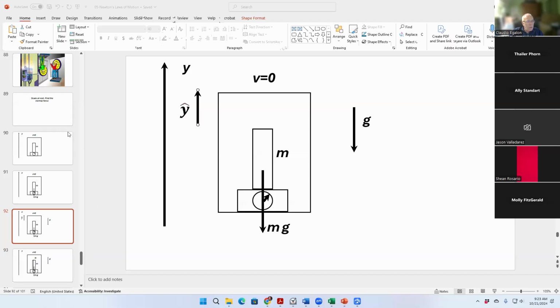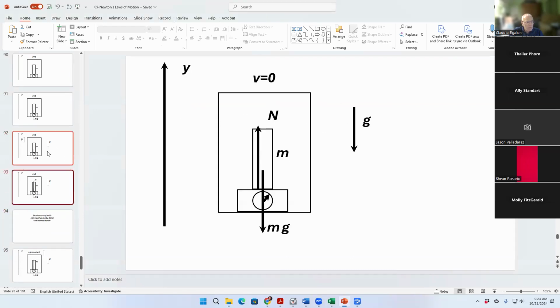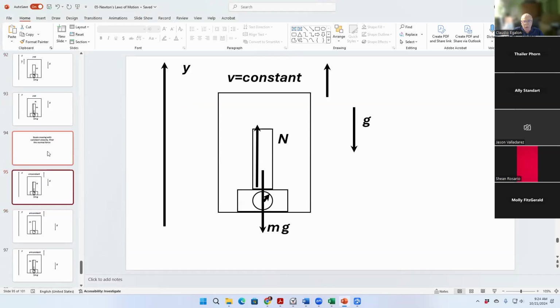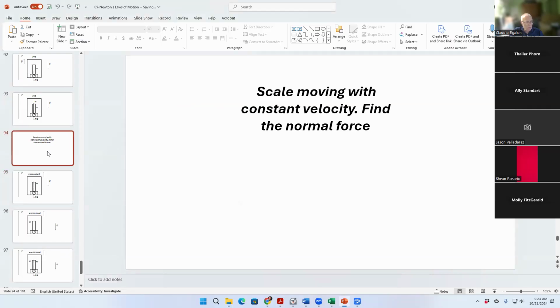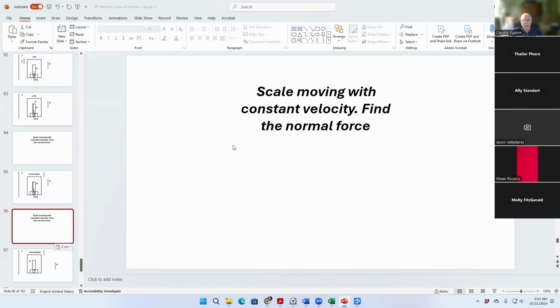Now we are going to do this other problem. Scale moving with upward acceleration.